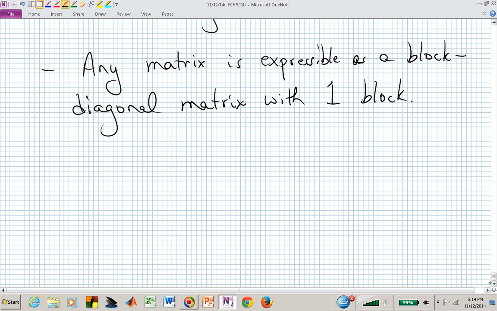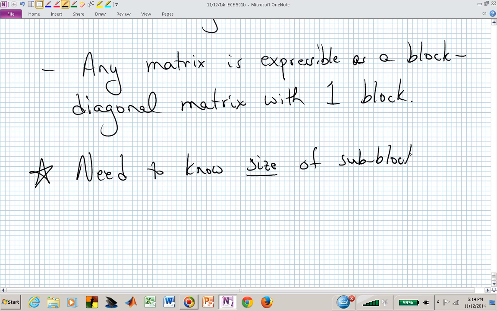So it's important to know the size of these subblocks along the diagonal.